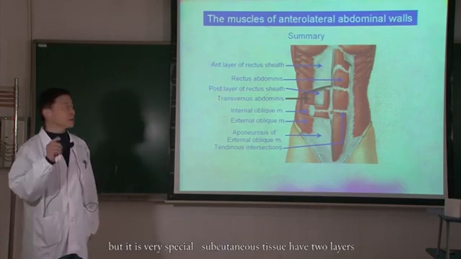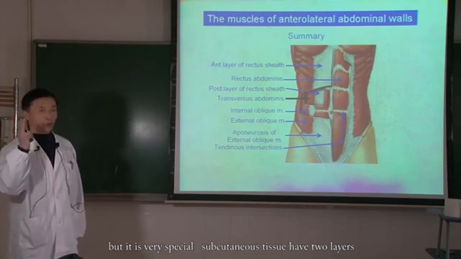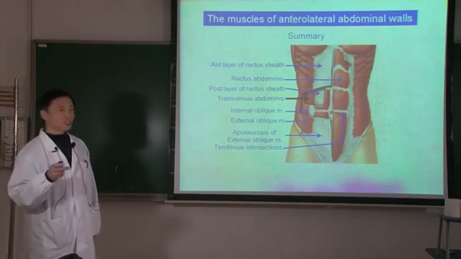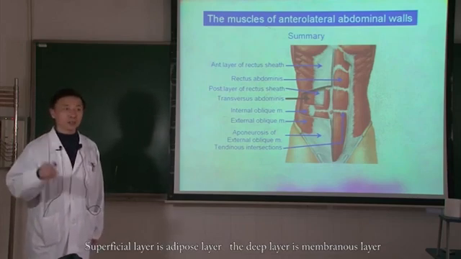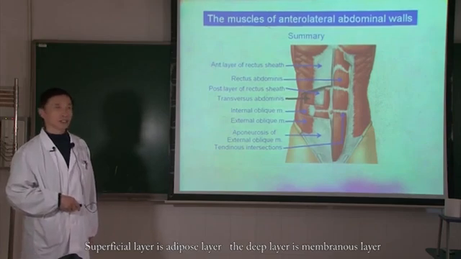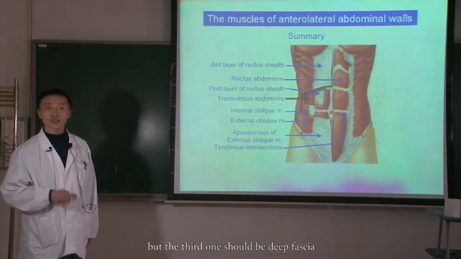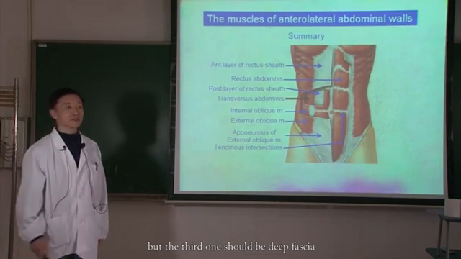The subcutaneous tissue has two layers. The superficial layer is the adipose layer. The deep layer is the membranous layer. But the third one should be deep fascia.